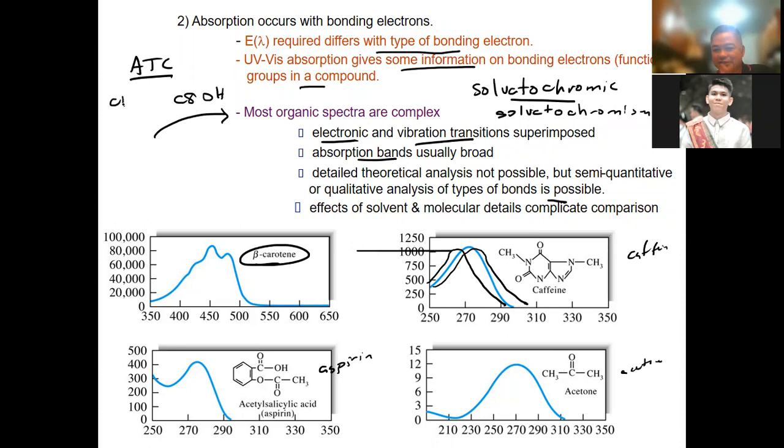So you have methanol, ethanol, propanol, butanol, pentanol, hexanol, heptanol, until octanol. And I see that it's shifting depending on the polarity of the solvent. Okay, but this is only applicable if you only have that compound there. So it will be complicated if it's a mixture.